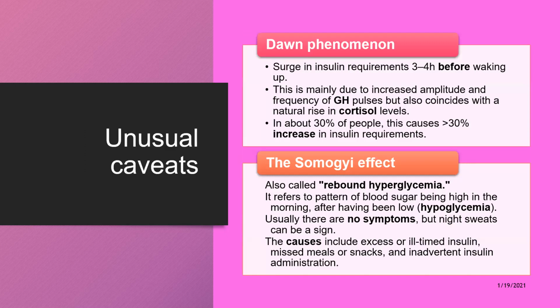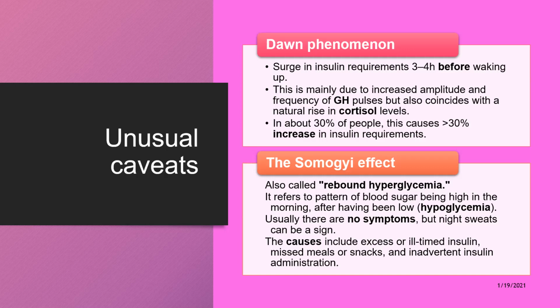Now, let's come to some caveats which affect insulin treatments in patients who are totally insulin dependent for their glycemic control. One of them is dawn phenomenon, and the other is Somogyi effect. These are two important concepts which one has to understand when you are reading or learning about insulin treatments in diabetes.